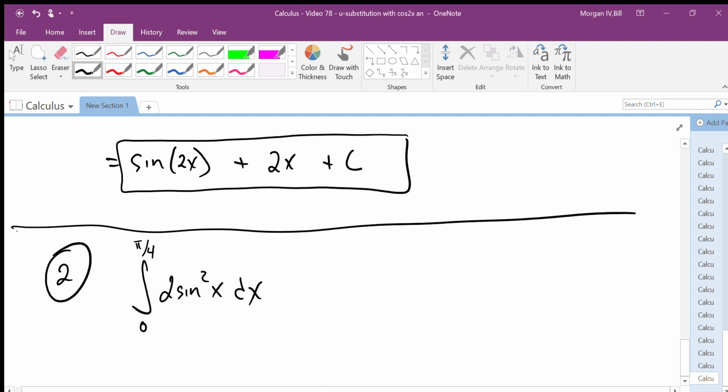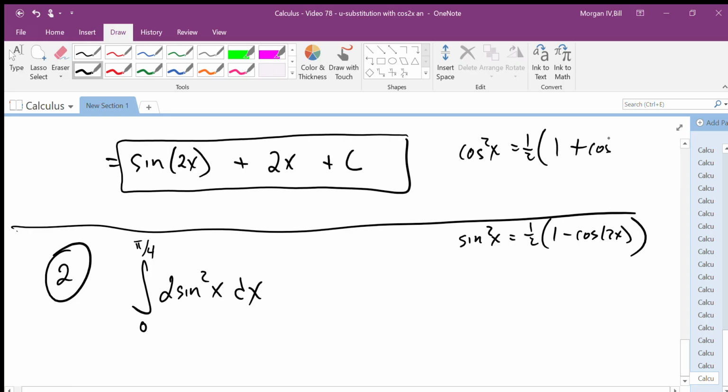Before we do a u substitution or anything like that, we're going to use the trig identity, and it was this. The sine squared of x is equal to 1/2 times (1 minus cosine 2x). They're honestly almost the exact same formulas, right? For the cosine, remember it was cosine squared of x is equal to 1/2 times (1 plus cosine 2x).